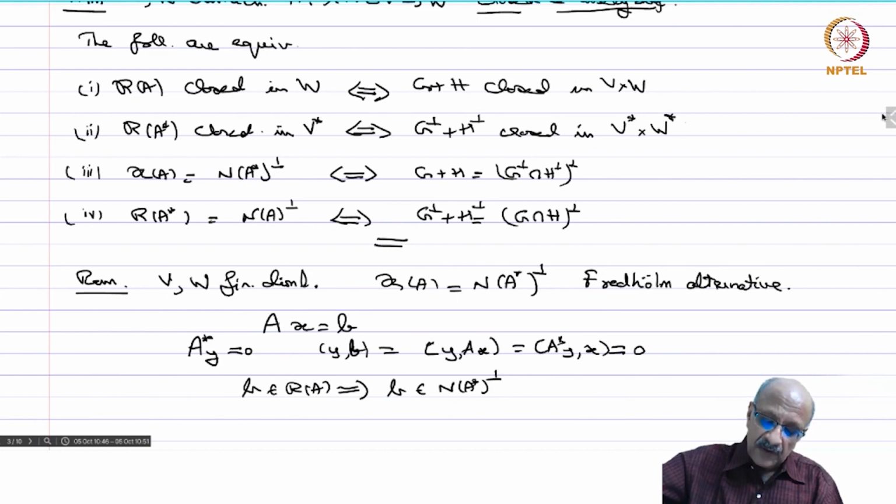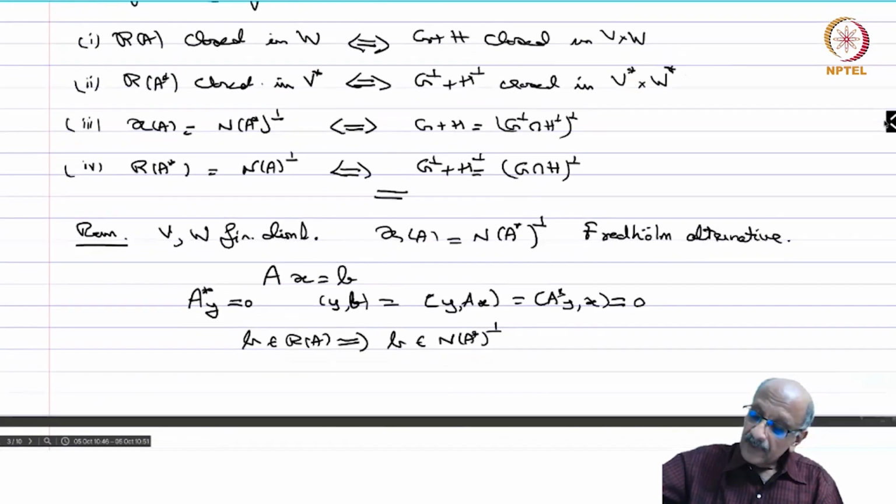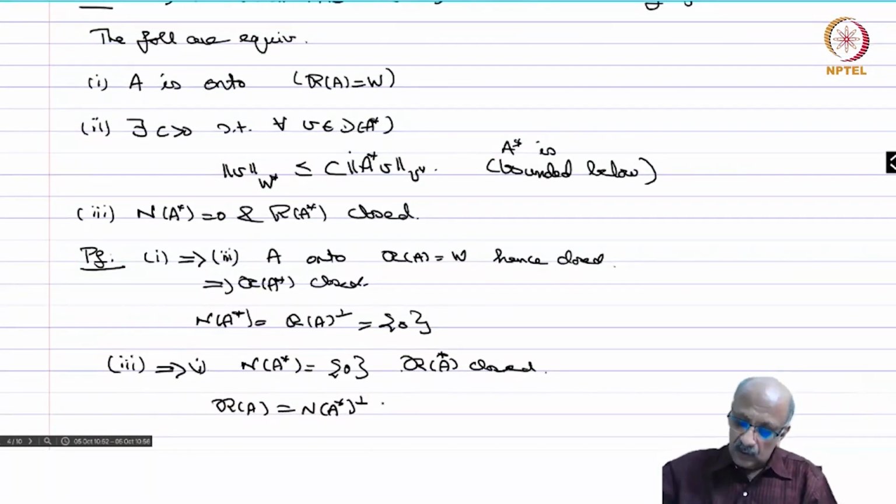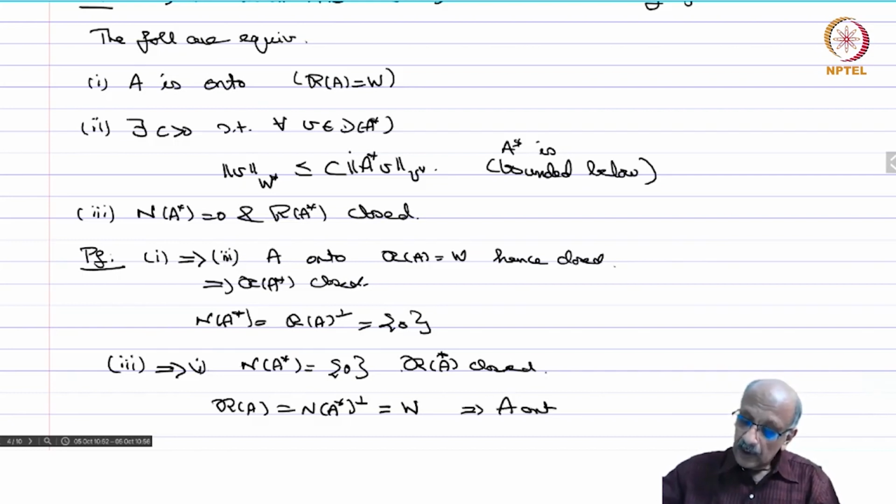The range of A is N of A star perp, that's number 3, and therefore N of A star is 0, and therefore this has to be W. Okay, so implies A is onto. So we have proved that 1 is equivalent to 3.